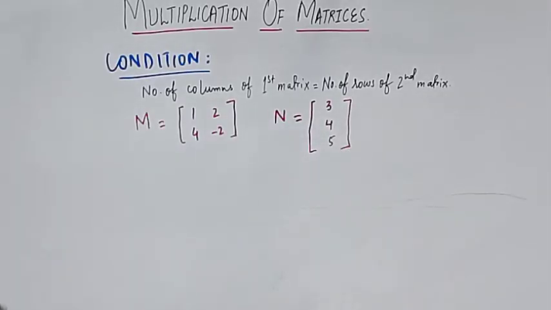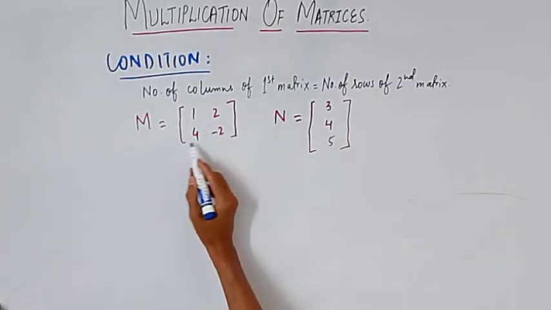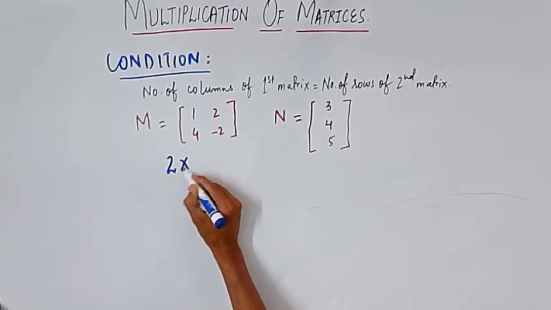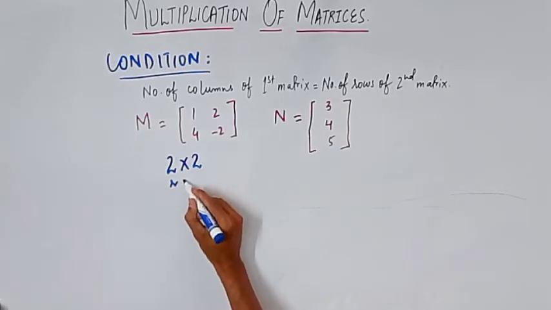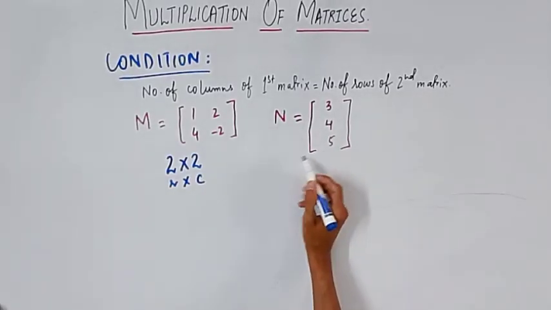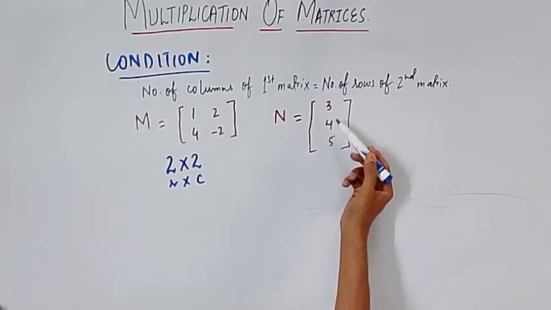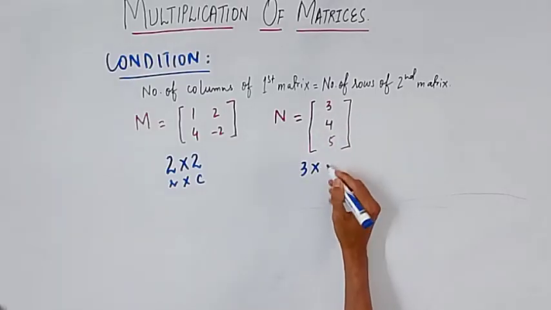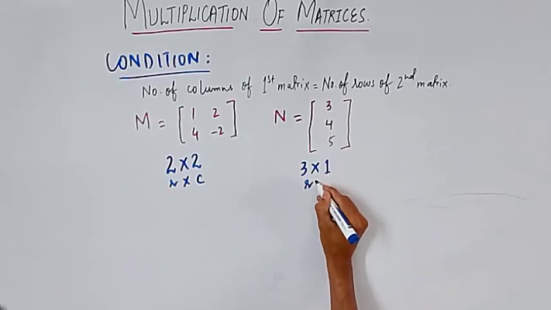Now if you look at the order, the order of matrix M is 2 by 2, meaning 2 rows and 2 columns, and the order of the matrix N is 3 by 1, as there are 3 rows and 1 column.